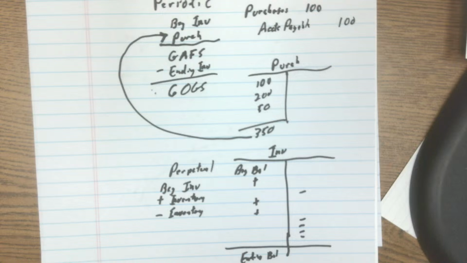So you still have to take a final inventory, but that's how we do that. All right, so that's going to conclude this introduction to costs, terms, and concepts. And so we will see you on the next video.